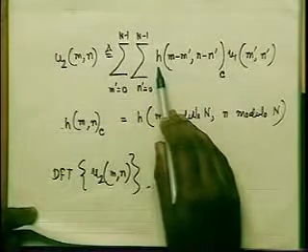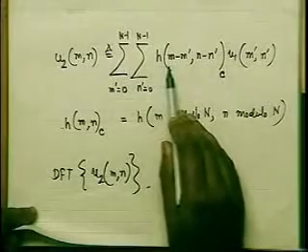For the h function we have to take m minus m prime, n minus n prime, which is defined circularly, and the circular function definition is given here.